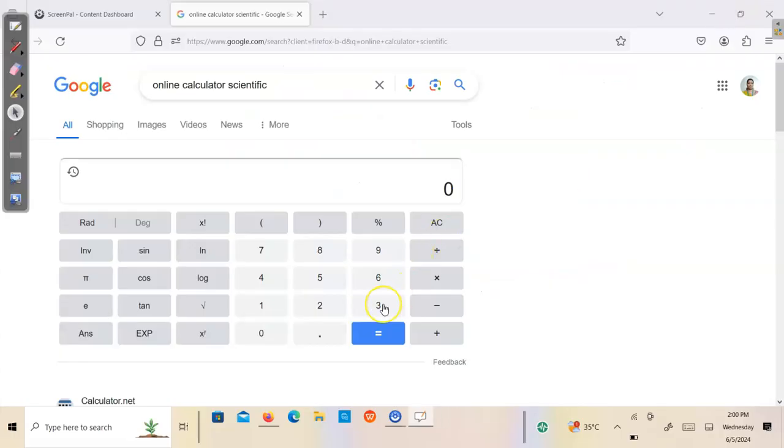3480 minus 2500 gives 980 as the numerator, divided by cost price 2500. So we have 0.392, and that value into 100 percentage gives 39.2 percentage.